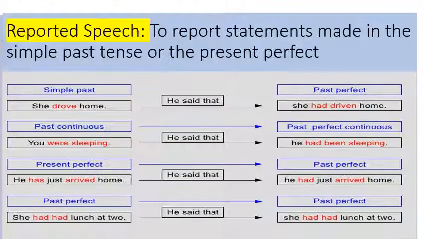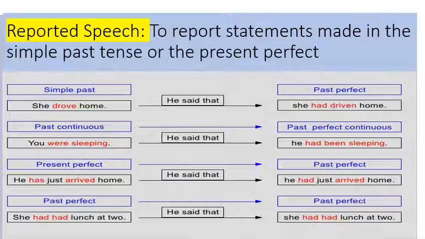Okay. Second usage. We usually use the past perfect in reported speech. Sometimes somebody says a sentence or makes a statement in the past simple tense or the present perfect, and you want to report it, you change it from direct speech into indirect speech, which we call reported speech. When you report that speech, you change it into the past perfect.